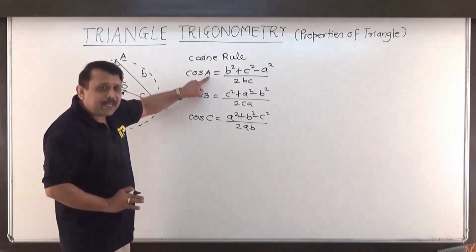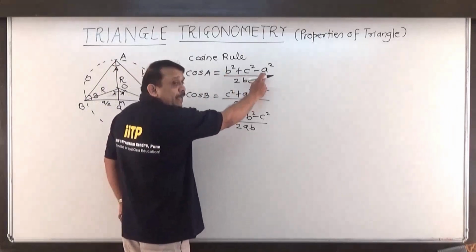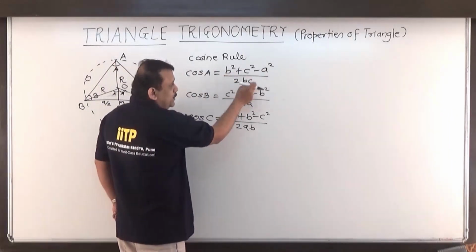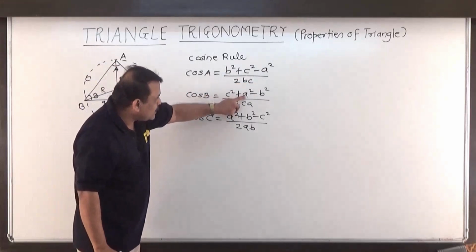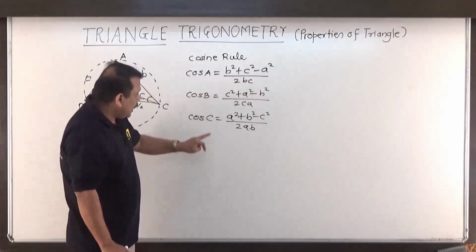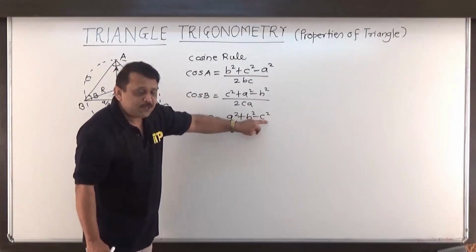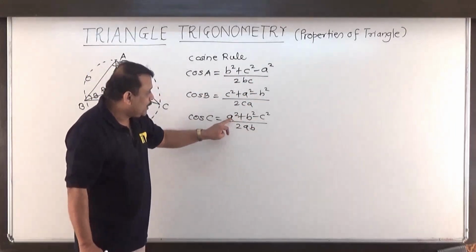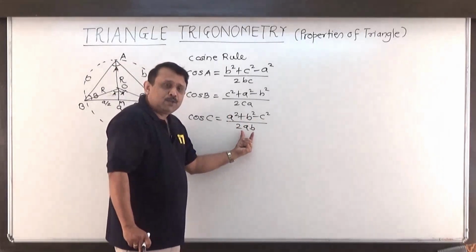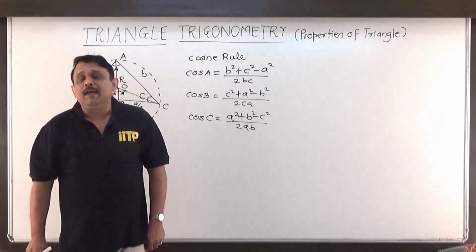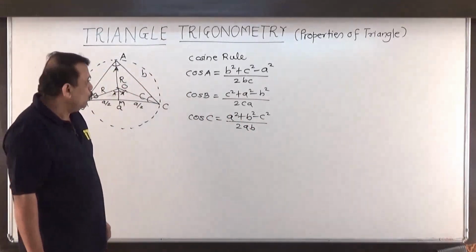When you write cos A, you begin with a, then afterward b, then c, and then a, divided by 2bc. Similarly, after bc comes ca, after ca comes ab, and after ab comes bc, divided by twice ab. Whichever two terms are there, 2 times the product of those is written in the denominator. So this is what is called the cosine rule.